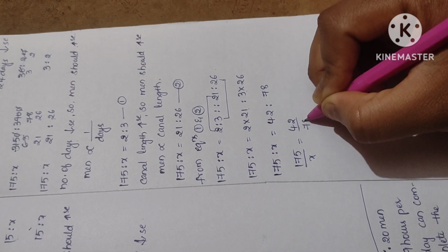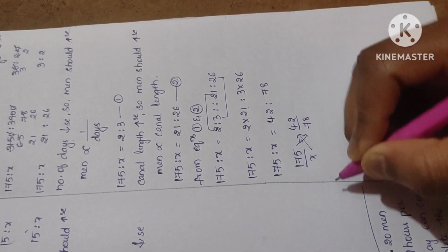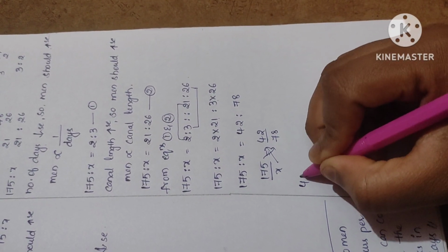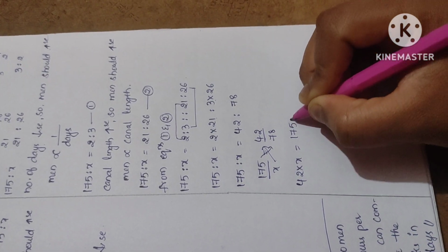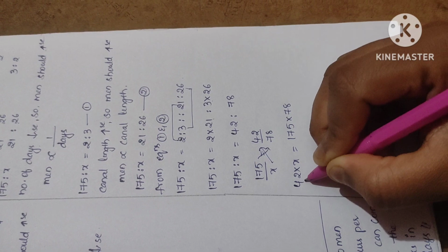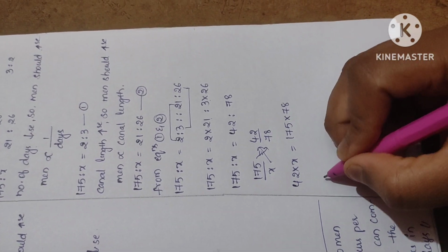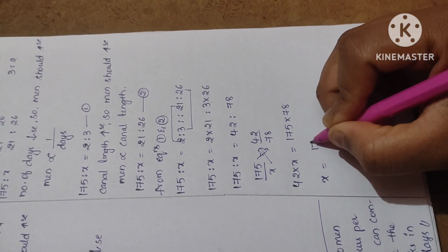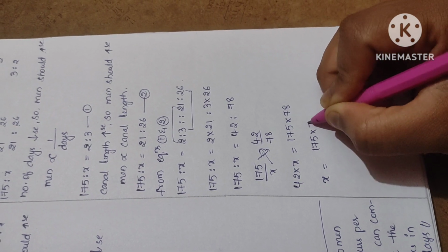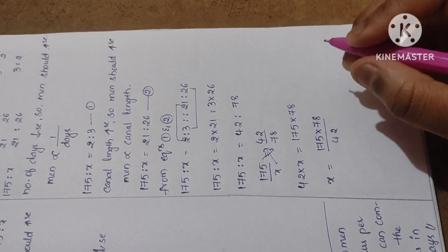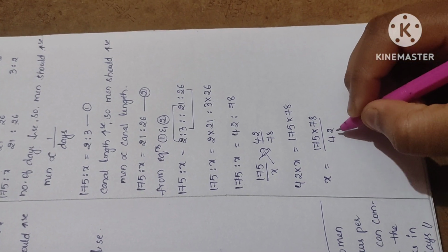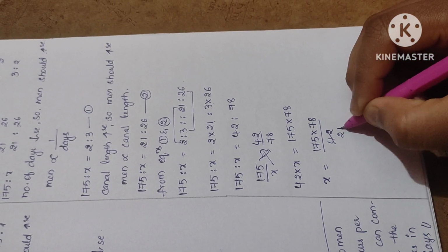Now do the cross multiplication, then you will get 42 into x equal to 175 into 78. The 42 goes to the right side and becomes divided by 42. So x equals 175 into 78 by 42. Now we can cancel with the 2 table: 2 21s are 42, 2 39s are 78.